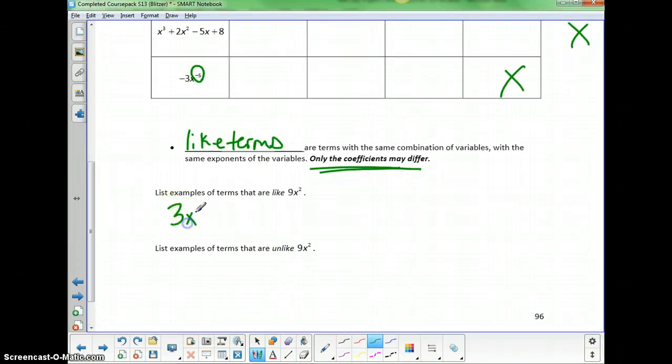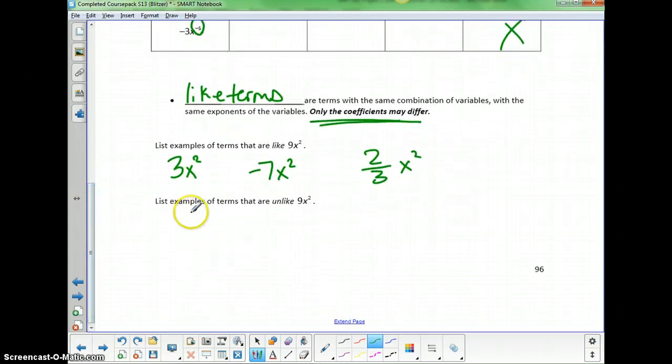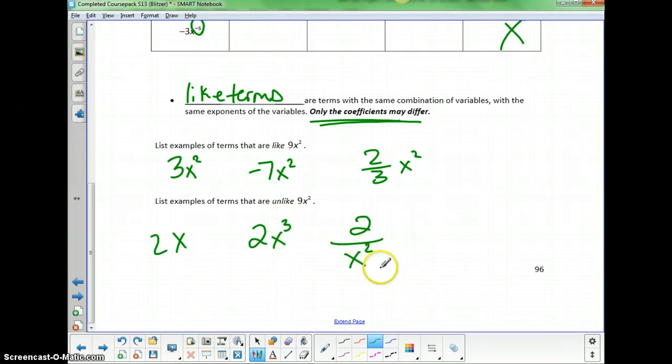Well, it would have to be something that had an x squared in it, like 3x squared, negative 7x squared, 2/3 x squared. Anything that has an x squared in it. Unlike 9x squared would be something that had maybe 2x, the x is not squared, or 2x cubed, or even 2 over x squared. If the x squared is in the denominator, that's not like either.